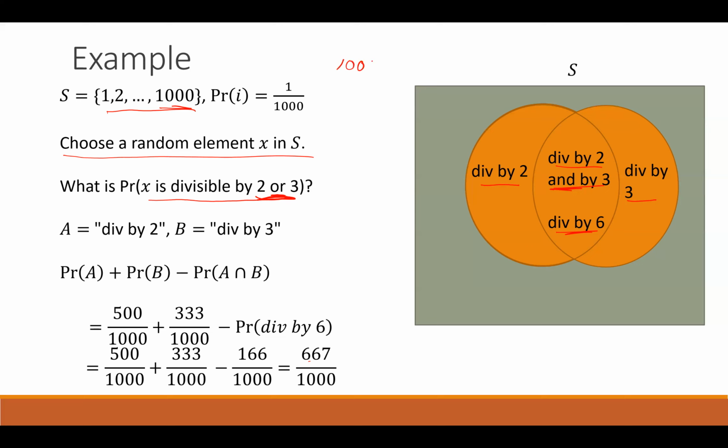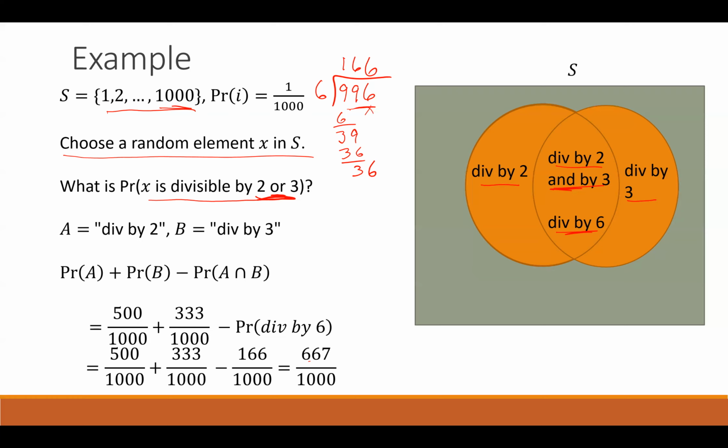It's 1,000 divided by 6, but then we drop the remainder, right? So it's 166.6. Does 6 divide evenly into 996? Yes, 6 divides into 996 evenly, 166 times. But 996 is the last number in this range of 1,000 that it divides evenly into.